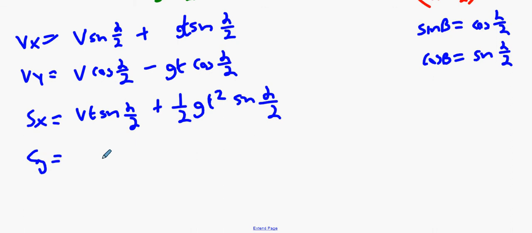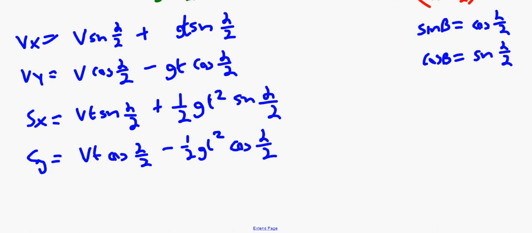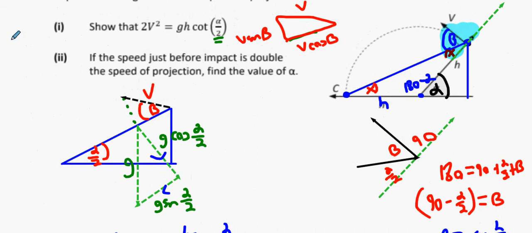And Sy, which is Vt cos alpha over 2 minus a half GT squared cos alpha over 2. Now, what remains is, I haven't used H anywhere.